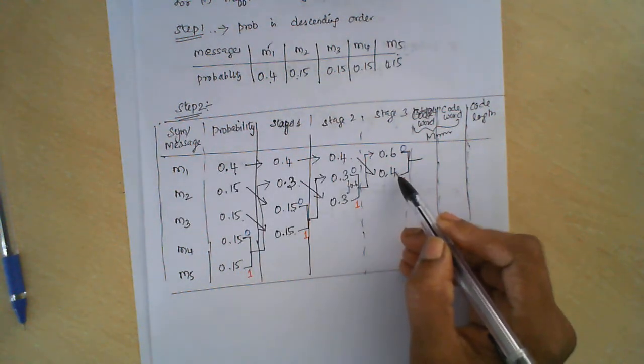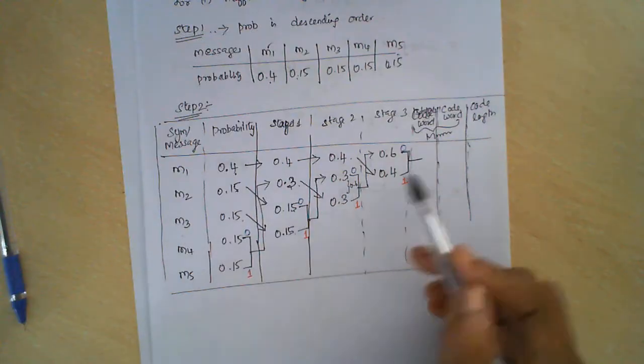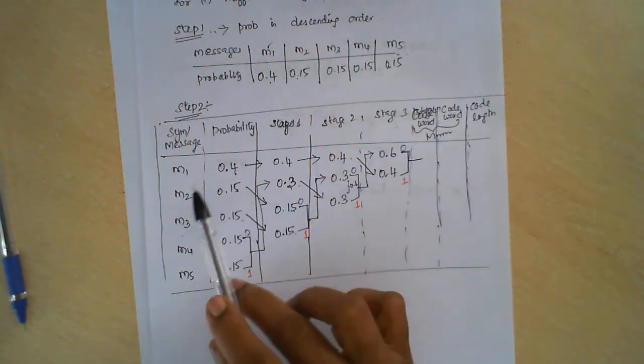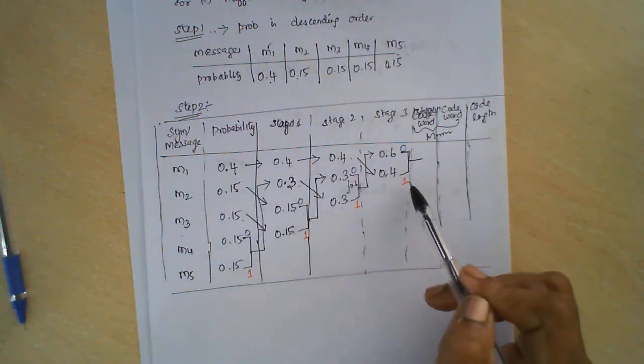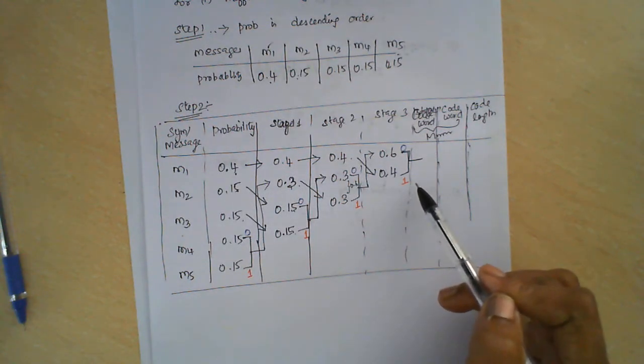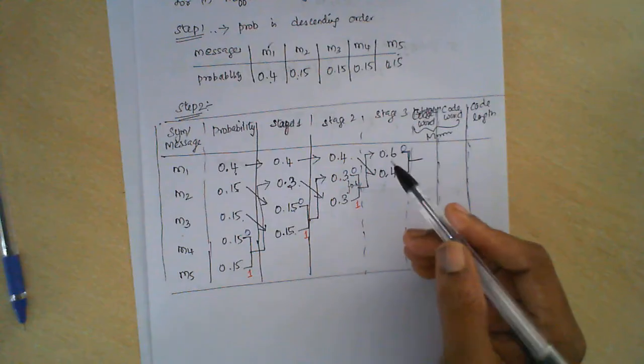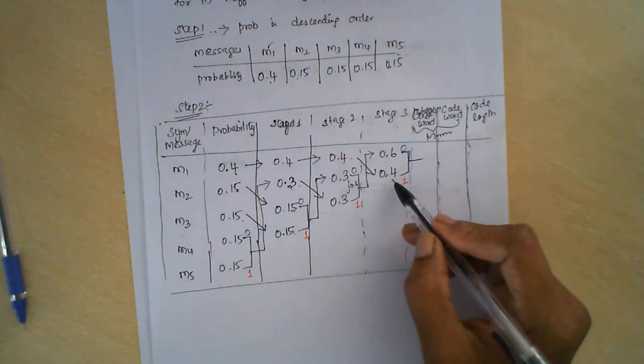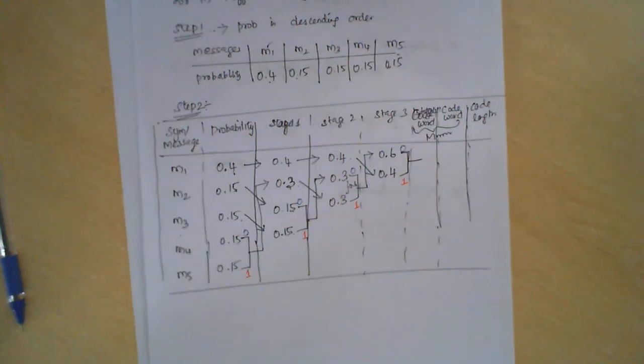Actually the process is to be done from the transmitter to the receiver, but since it is difficult for us to find the transmitted symbol obtained at the receiver, we are tracking from the back, taking it as a mirror image.